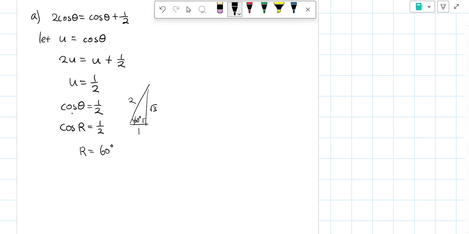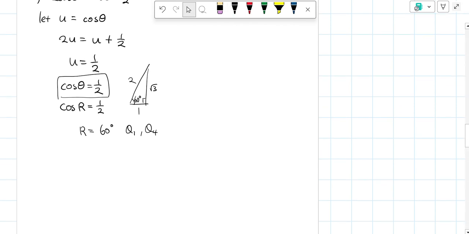I also know that because my cosine theta is positive, my angle must be in quadrant 1 and quadrant 4, following the ASTC abbreviation. So let's find the quadrant 1 angle and quadrant 4 angle with the given reference angle of 60 degrees. In quadrant 1, theta is r itself, so it'll be 60 degrees.